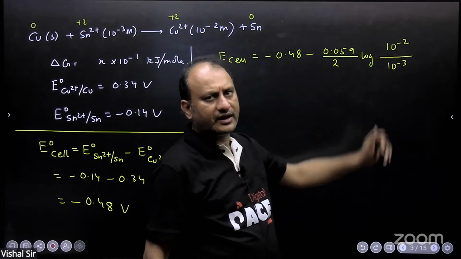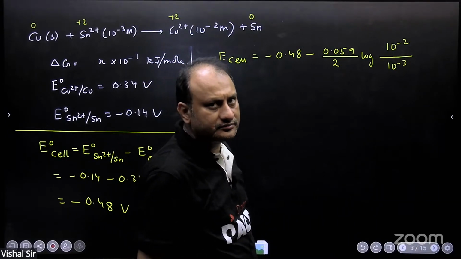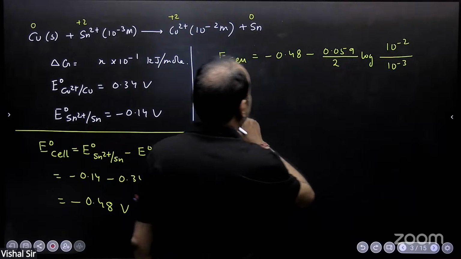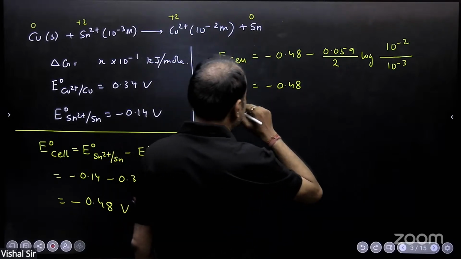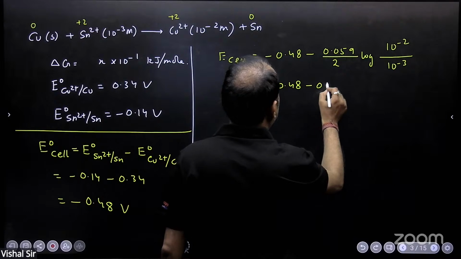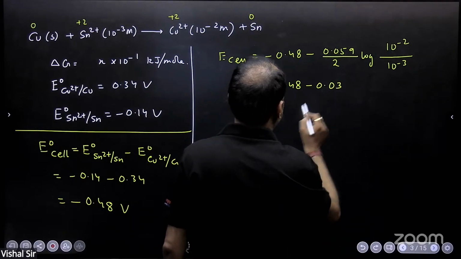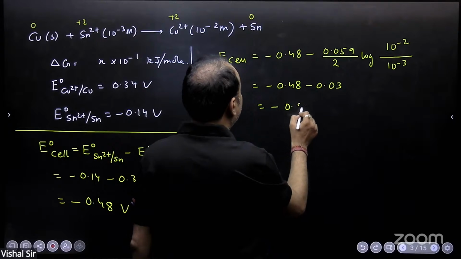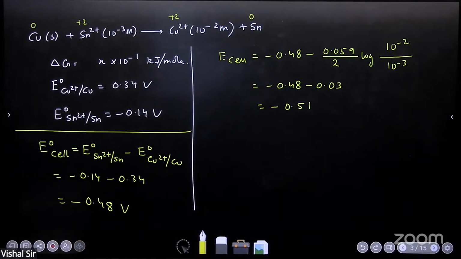So this will become 10. Log 10 is 1. So this becomes minus 0.48 minus 0.0295, let's say. So this will become minus 0.51. This is E we have got.